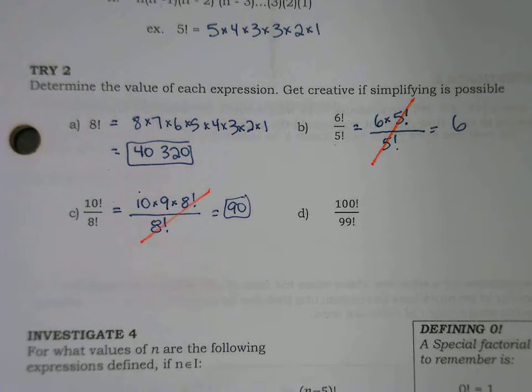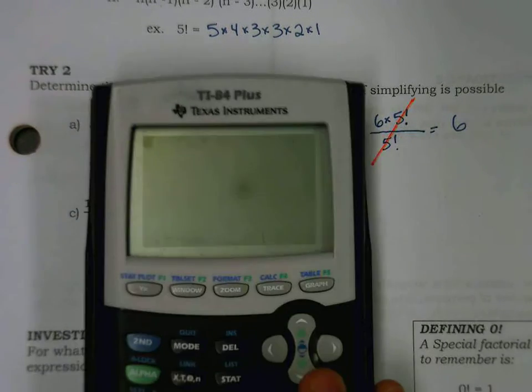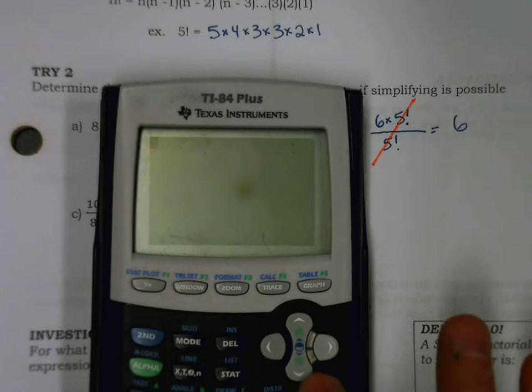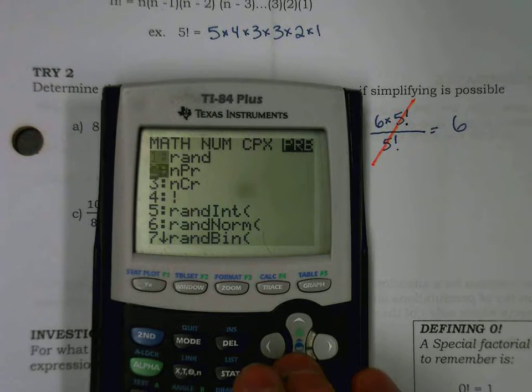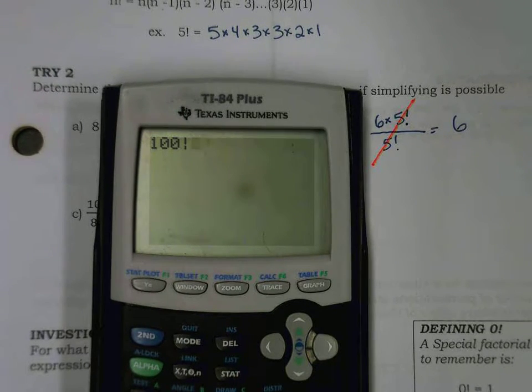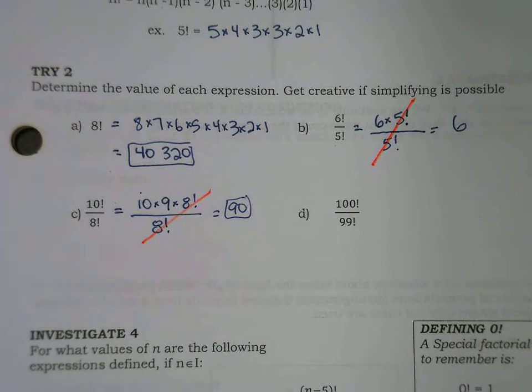Now the reason for doing this canceling is because sometimes questions that have too large of a number pose a problem. If you were to try 100 factorial divided by 99 factorial, we see a bit of an issue. So 100 factorial, and this is the only number I'll type in, gives us an overflow error, which means there are too many digits for the calculator to handle in 100 times 99 times 98 and so on.